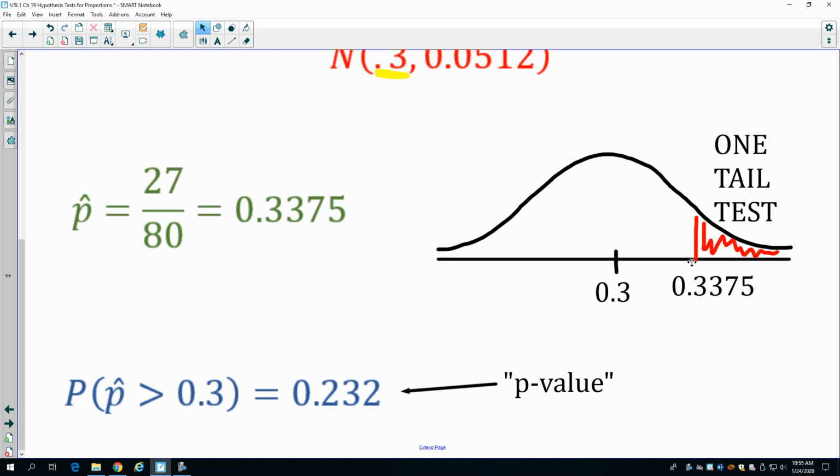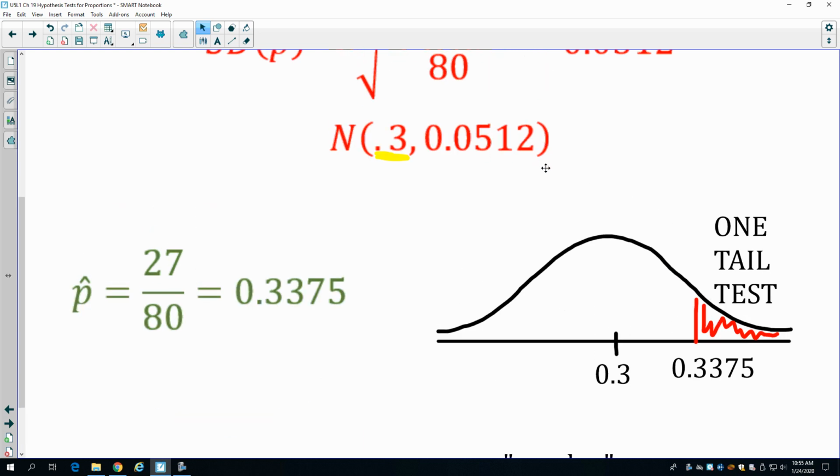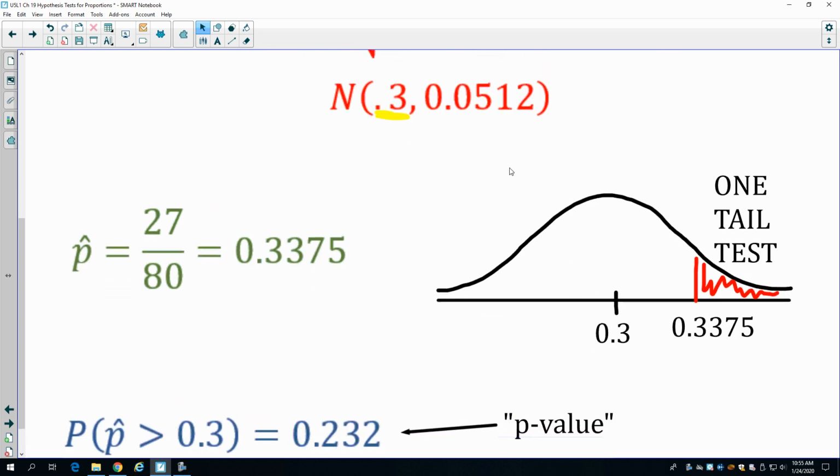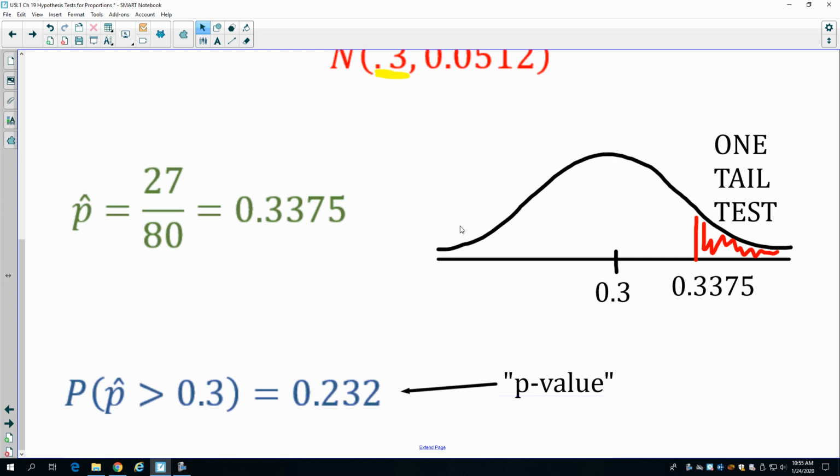My lower value is going to be this 0.3375. My upper value is going to be 1E99. I'm going to plug 0.3 in for my mean and 0.0512 in for my standard deviation. And I'm going to get an answer of 0.232. That's what we call the p-value.